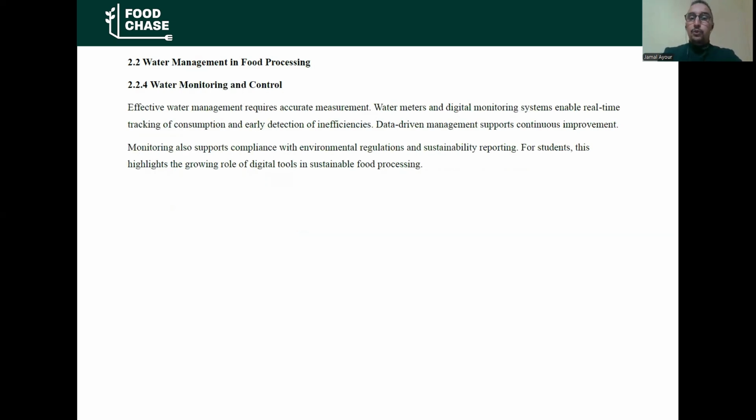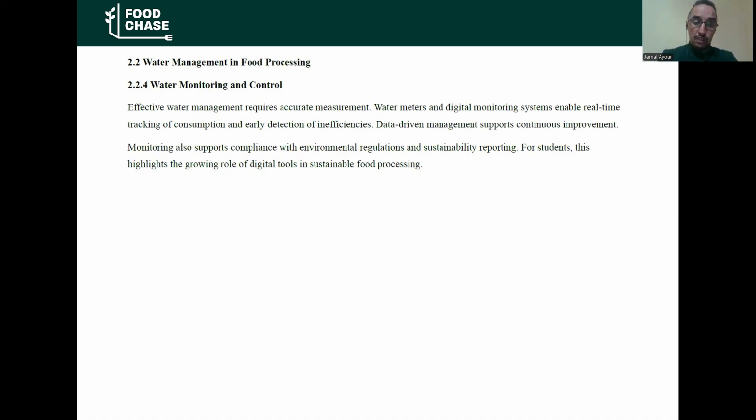About water monitoring and control, effective water management requires accurate measurement. Water meters and digital monitoring systems enable real-time tracking of consumption and early detection of leaks. Monitoring also supports compliance with environmental regulations and sustainability reporting.